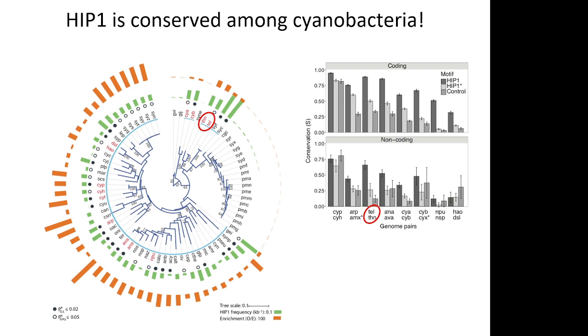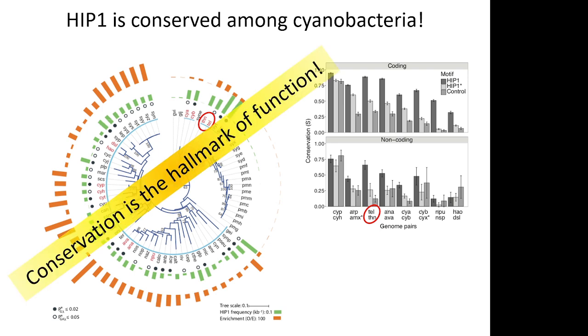So you see this pattern in the coding region as well as in the non-coding region. I think this is very, very important because conservation is the hallmark of function. So if it is conserved, then this sequence must be doing something. For something, the cell has this motif conserved.